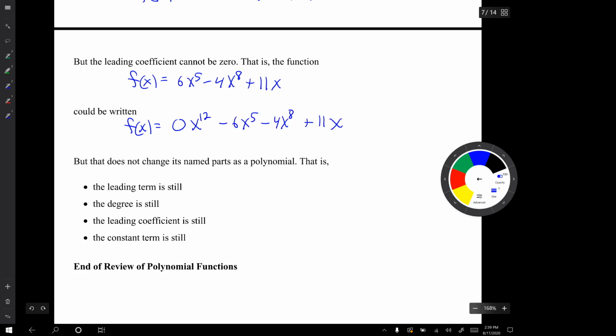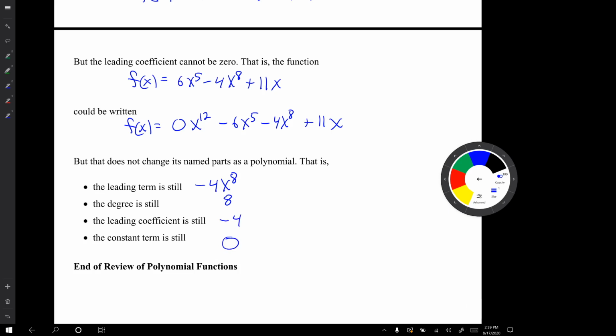I could rewrite it that way, but that does not change its named parts as a polynomial. That is, its leading term is still minus 4x to the 8th. Its degree is still 8. Its leading coefficient is still minus 4. And its constant term is still 0.